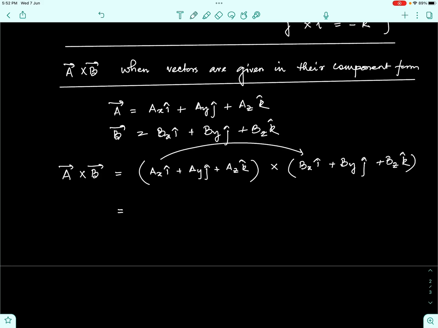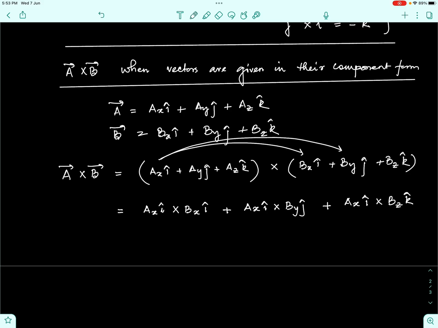So the first term will be Ax i cap cross Bx i cap, plus the second term, Ax i cap cross By j cap, plus the third term, Ax i cap cross Bz k cap, and so on.